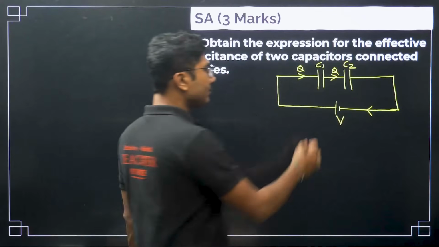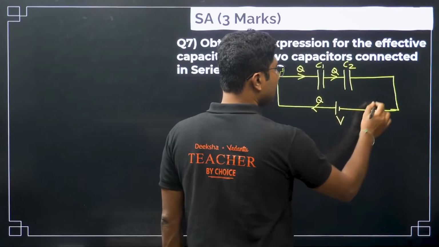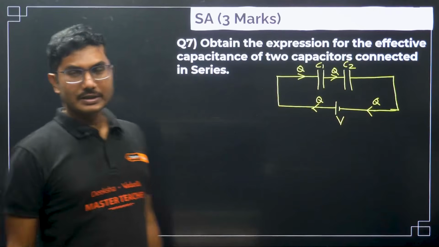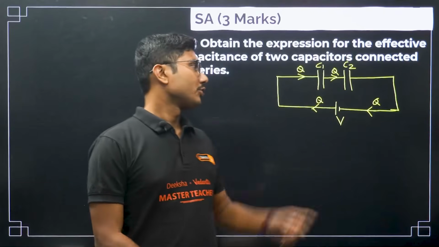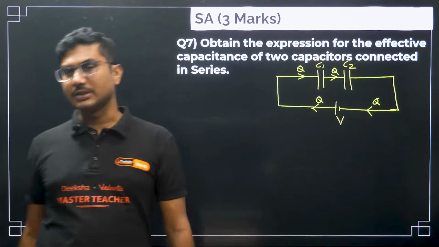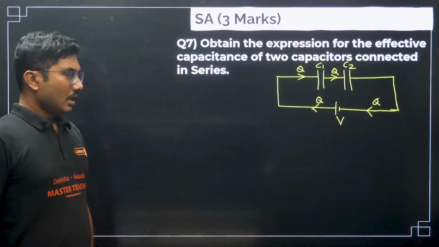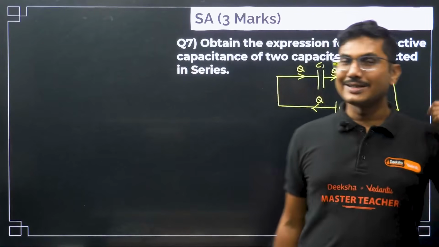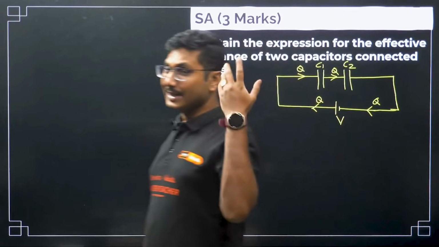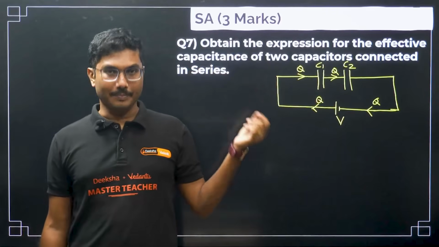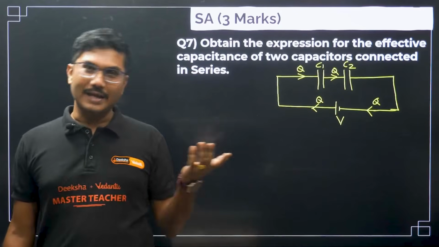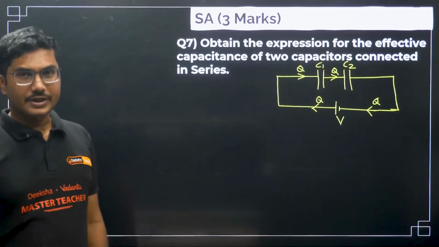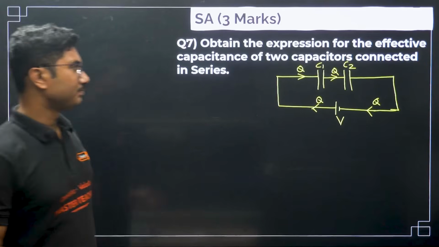If Q charge comes out of the battery, the same charge will go into the battery. This is an isolated system, so charge has to be conserved. So in series combination, charge is the same. In the case of resistance, current is the same. Current is also charge per time, so from that logic also you can say that charge is constant in series combination.